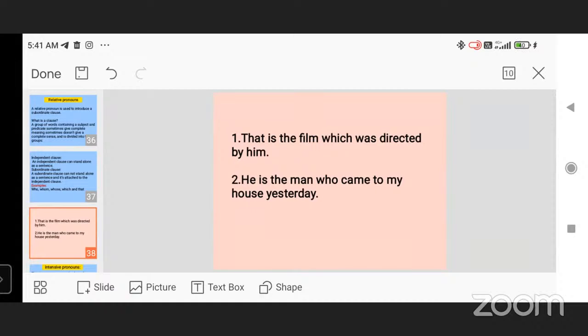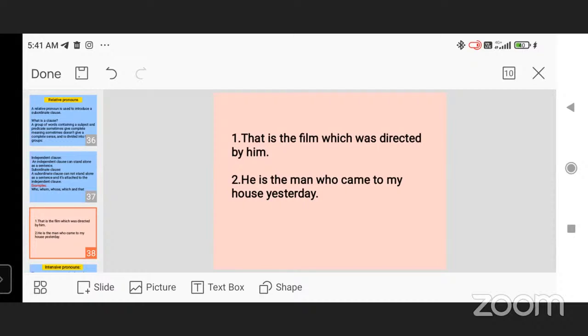He is a man, who came to my house yesterday. Okay, somebody has come to your house. You don't know who it is, so it doesn't have meaning at all. If you say it differently, friends will ask you, isn't it? At that time, we'll recall and say, ah, yes, a man came to my house.